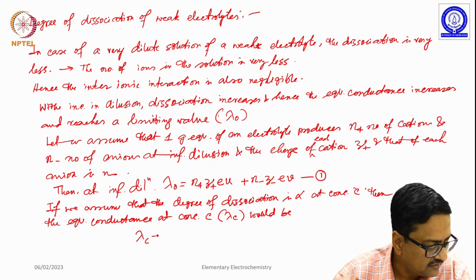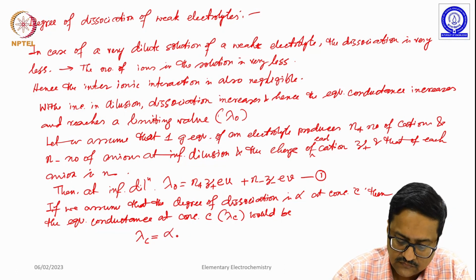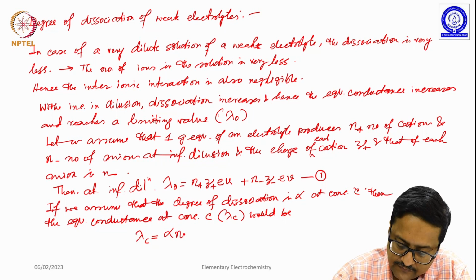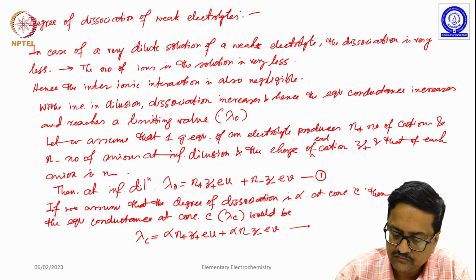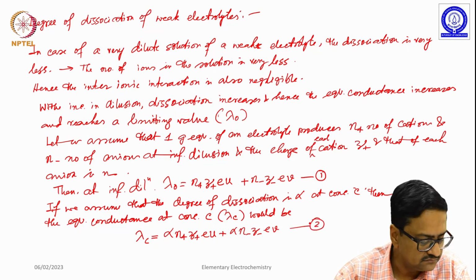Lambda C will be equal to alpha n plus z plus e u plus alpha n minus z minus e v. So we write this as 2.